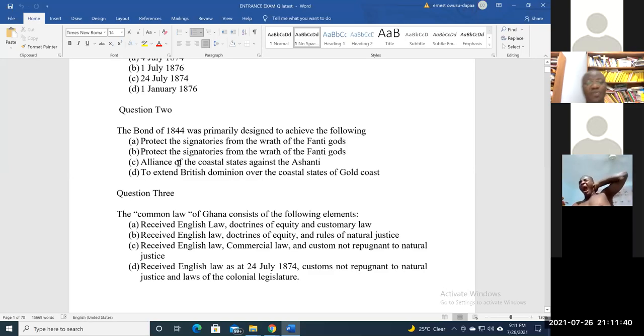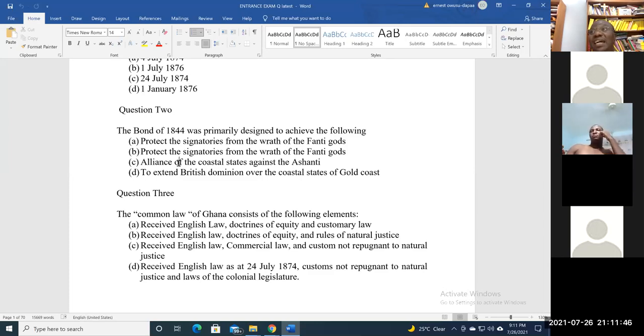The Bond of 1844 was primarily designed to achieve the following. Of course, another important foundational material when you're talking about the history of the Ghana legal system is the Bond of 1844. The Bond of 1844, if you like, is one of the very first primary constitutional documents, as it were, because it gave a legal foundation to the authority which was being exercised by George Maclean and the company of merchants.